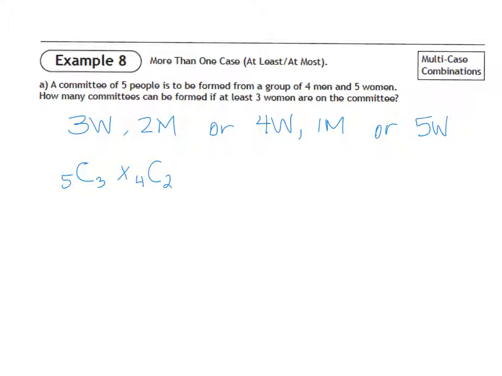But then we say or 4 women and 1 man. What's the or mathematically? That's a plus. So that would be 5 choose 4 times 4 choose 1. Or, so another plus, 5 choose 5. That comes out to 81 possible committees.